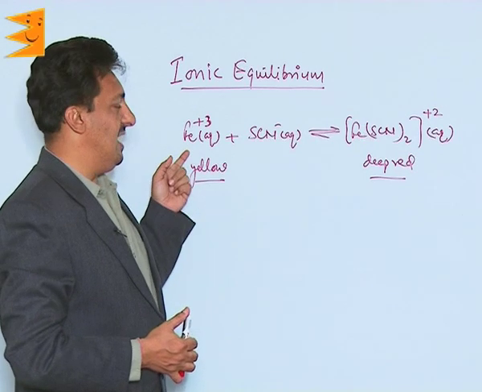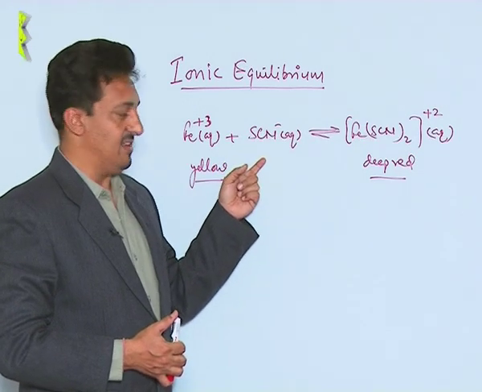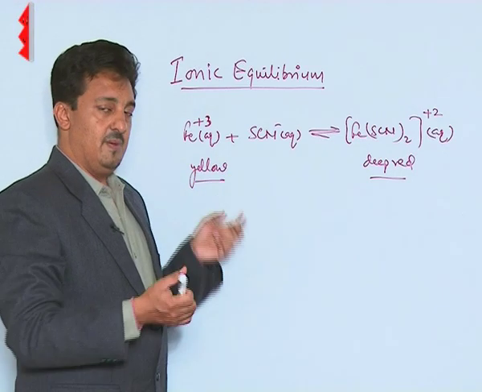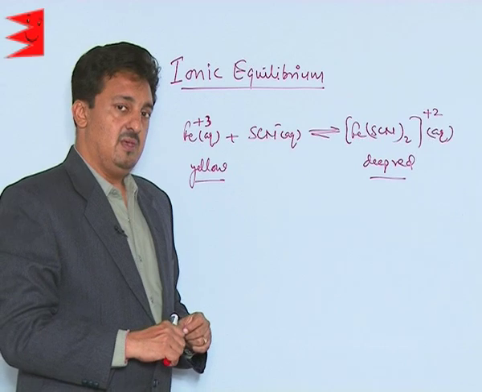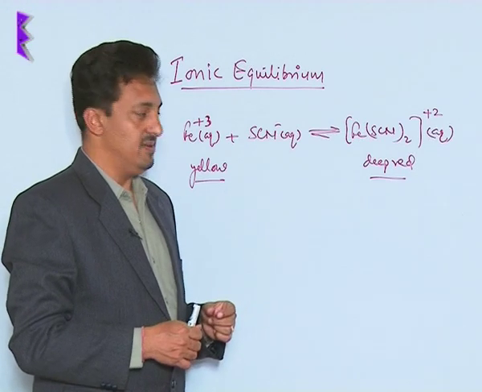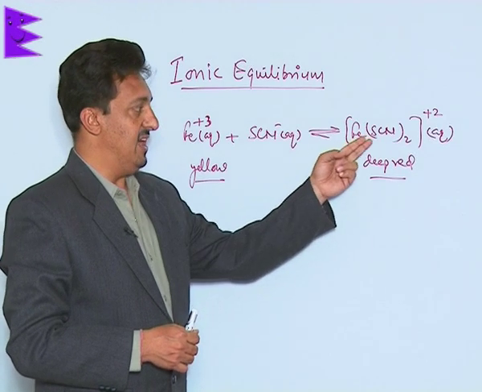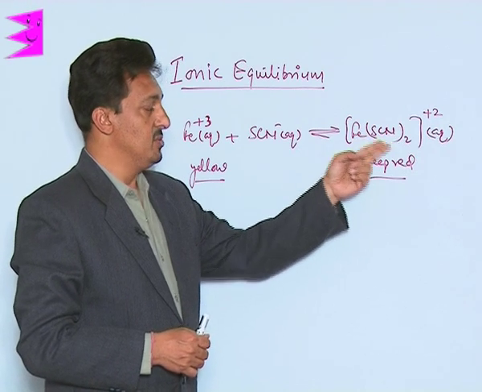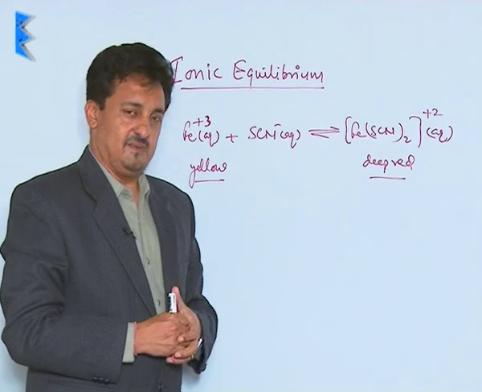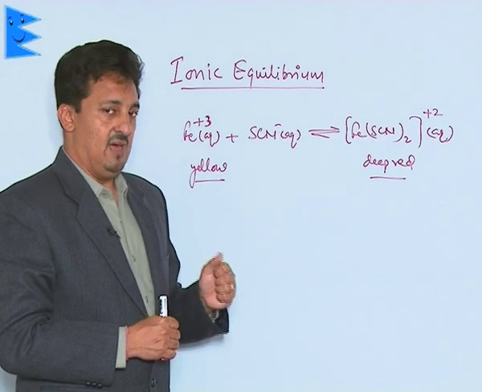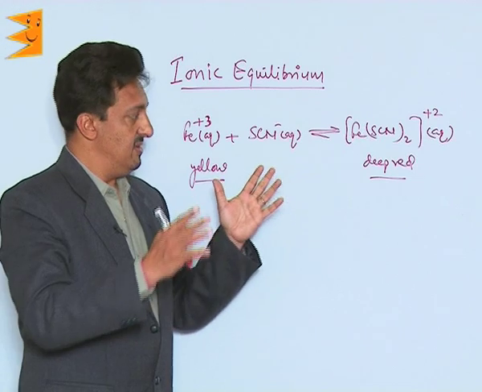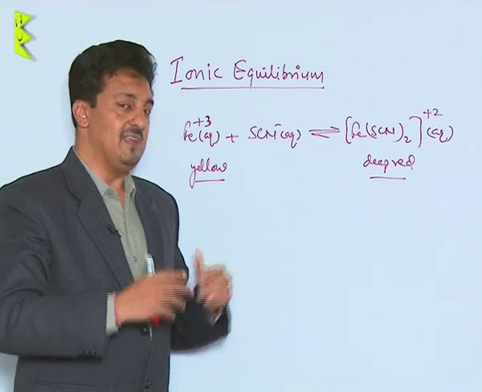In this, the ferric ions, which are yellow colored, are reacted with thiocyanate ions, which are colorless. When these two ions are mixed, we get a complex formed, which is FeSCN twice, called dithiocyanate iron, which is deep red in color. Now, when the equilibrium exists between these ions, the color of the solution is red.